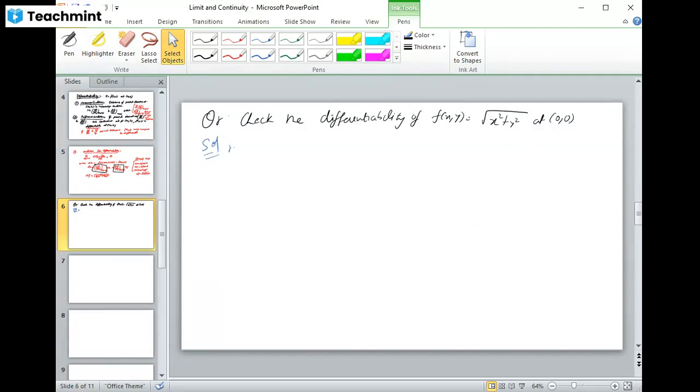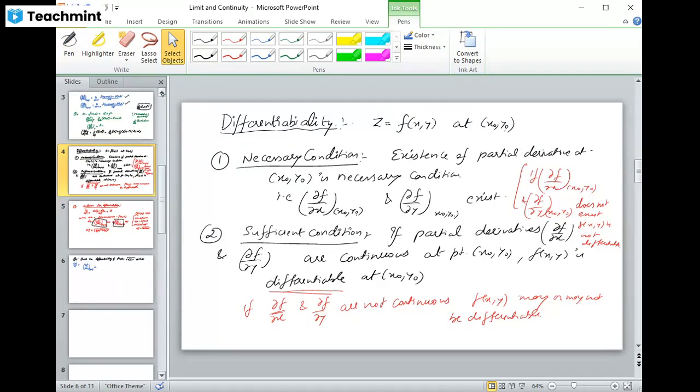So firstly, we are going to apply the definition of curly f upon curly x at the point (0, 0). What is the definition of the partial derivative at a point?